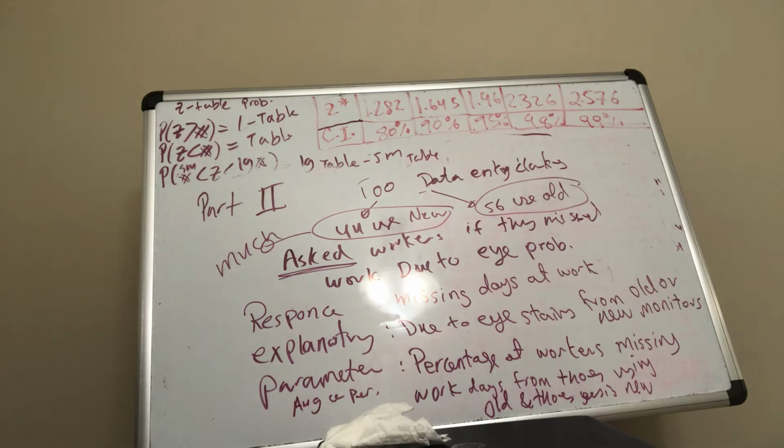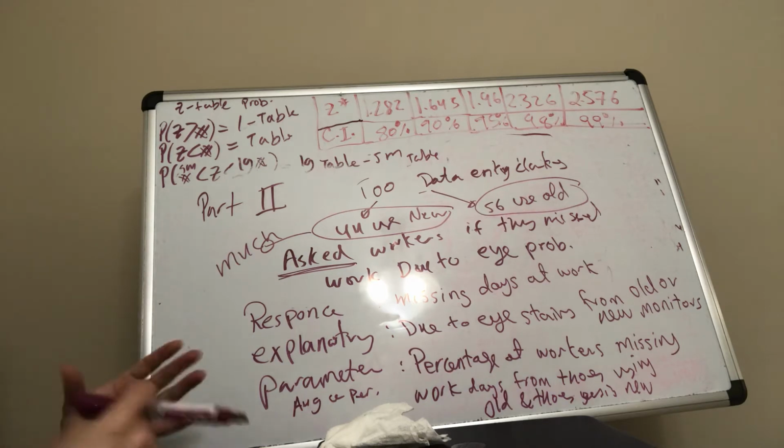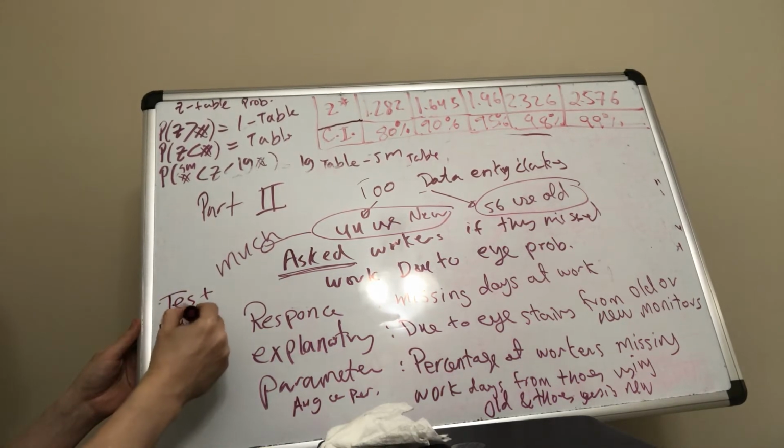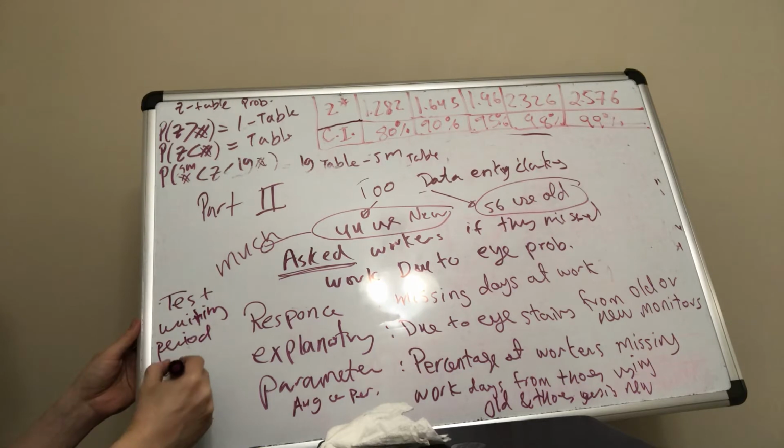Remember in the question when they said that they waited 2 months, I believe. Yeah. So after 2 months, each worker was asked if they missed. So they waited 2 months. So that made it prospective. Prospective because there was a test and waiting period to get the response.